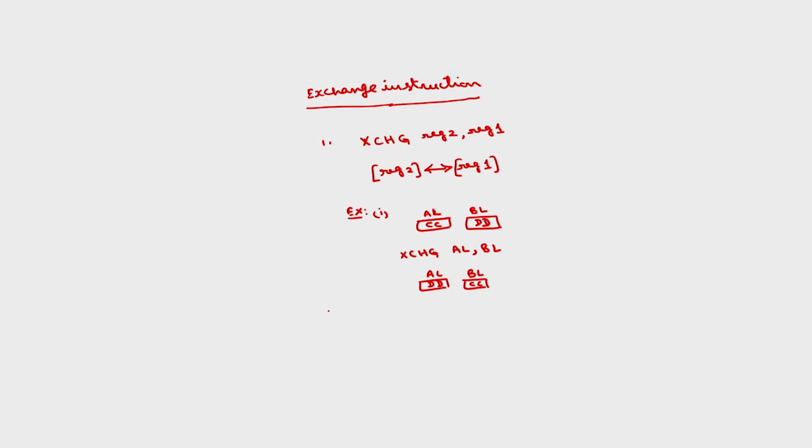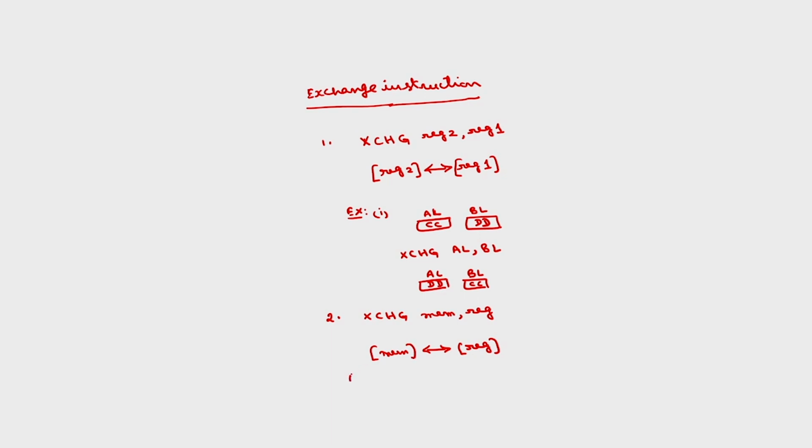Then the second exchange instruction is the exchange between memory and register. The contents of the register are exchanged with the memory contents. Which memory location? Again, there are 5 ways to specify the memory.